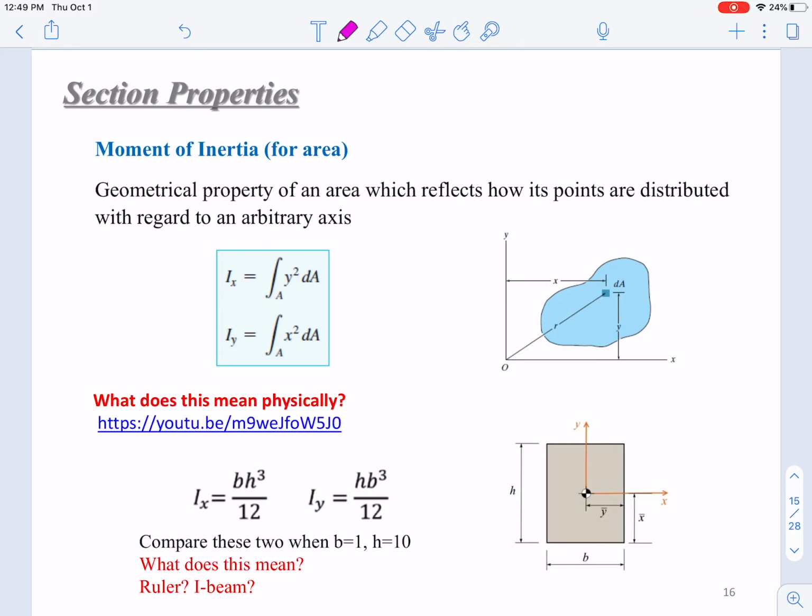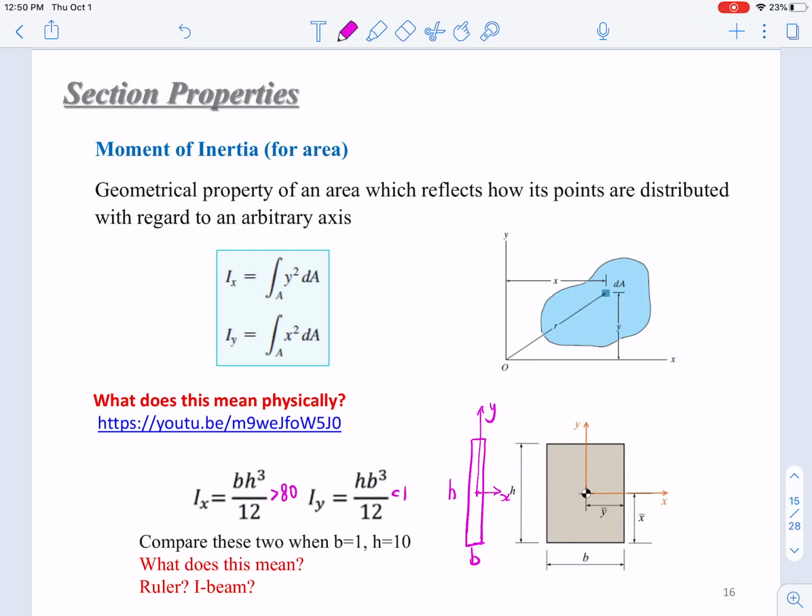The shape becomes something like this, with b here, h here. Then what is Ix? bh cube over 12 would be 1,000 over 12. That will be larger than 80. Then how about Iy? Iy will be 10 times 1 over 12. That will be smaller than 1.